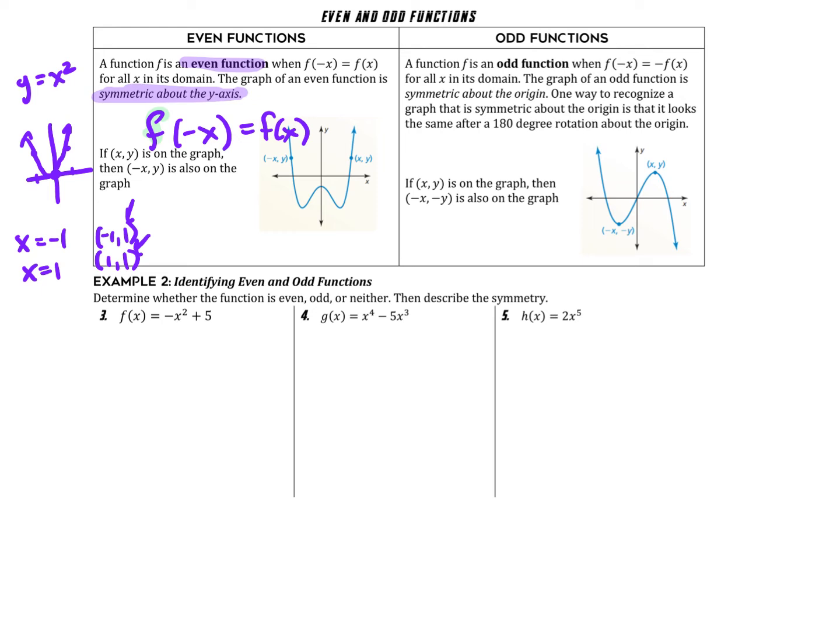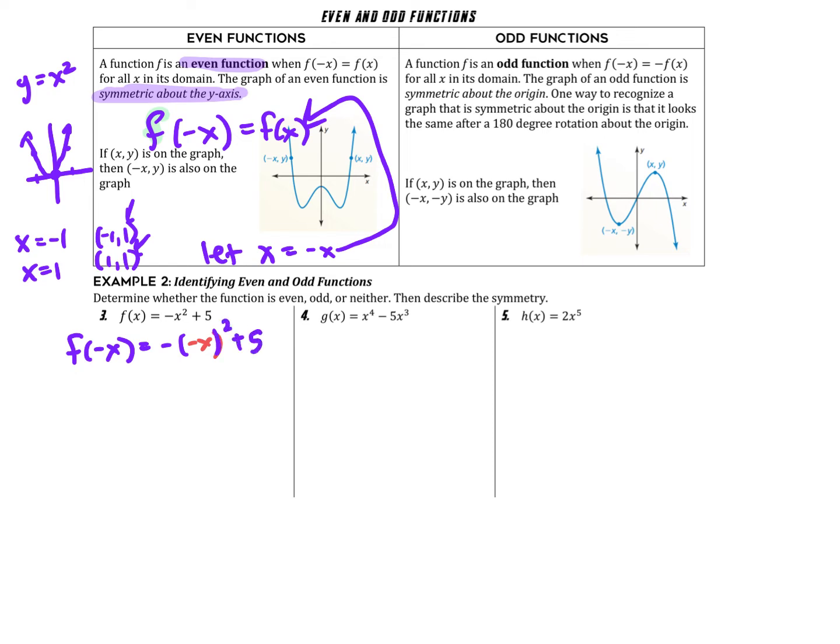So how do we determine if a function is even? What we do is we let x equal -x and we simplify to see if this statement is true, if we end up with the exact same function. So let's look at number 3, and let's check to see if number 3 is even. So what we're going to do is plug in -x. I'm going to replace that in red so you can see it a little better.